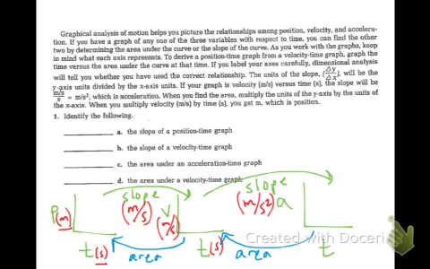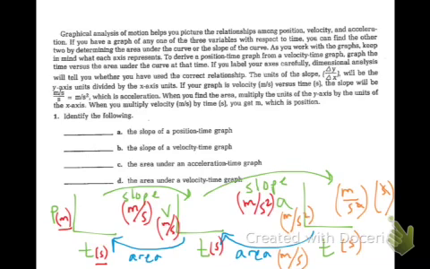The area under the curve of an acceleration versus time graph is going to give us our velocity, because meters per second squared times seconds gives us meters per second.